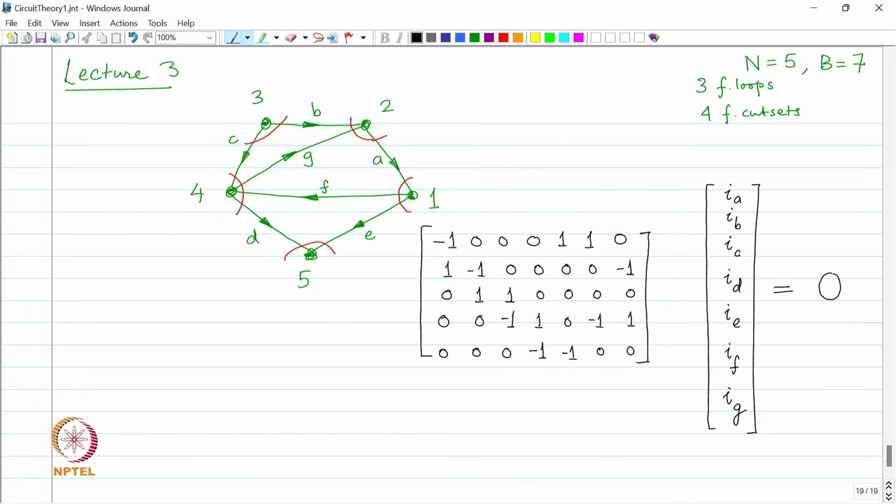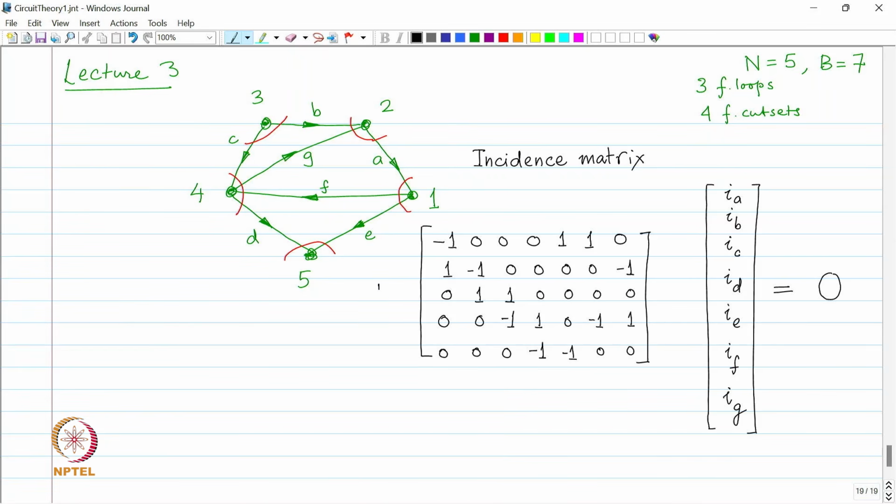So, this particular matrix is going to be called the incidence matrix. The incidence matrix is full of values. How many rows does it have? How many columns does it have?